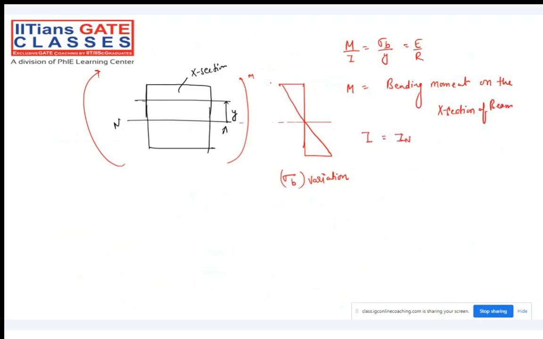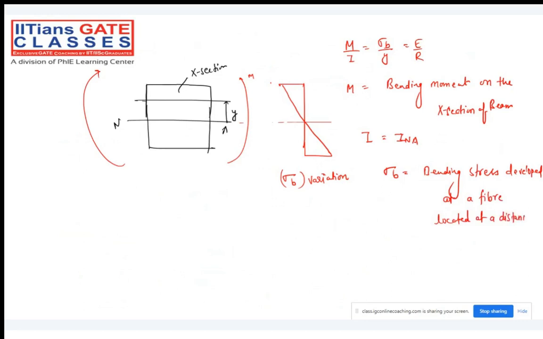Sigma B is the bending stress developed at a fiber located at a distance y.